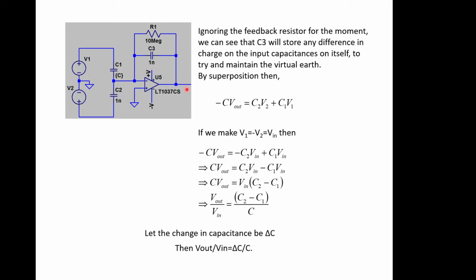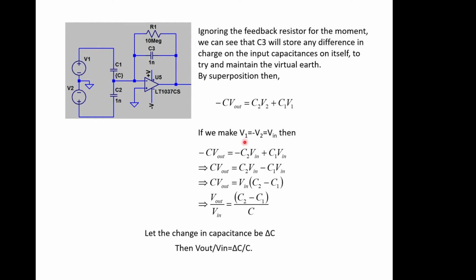So we'd end up with this equation: minus C times V out, so the current through this, is equal to the current going in here, which by superposition, so suppress one of these and work out what's going on, suppress the other one and work out what's going on, you end up with C2 V2 plus C1 V1. So this is C1 and C2, and this is V1 and V2. The current here has to go through here and maintain the 0 here, and then the current here has to go through here, come out through here and maintain a 0 here. So this is the superposition equation.